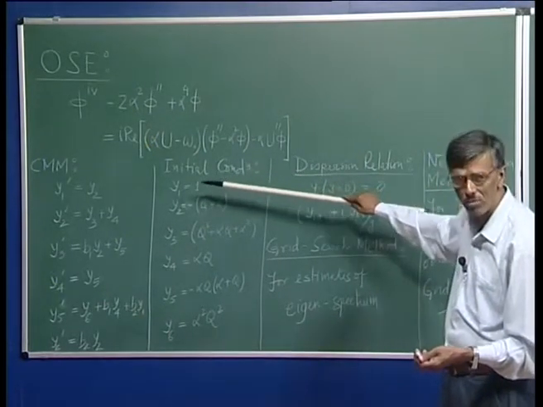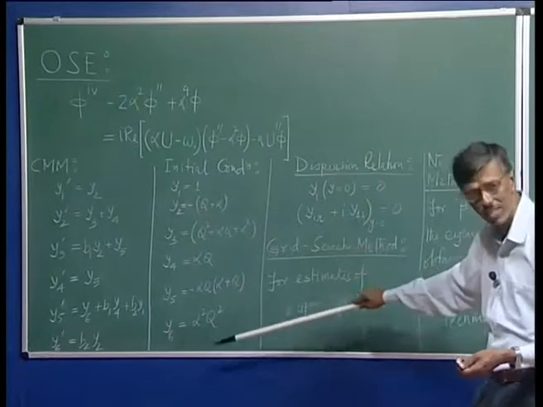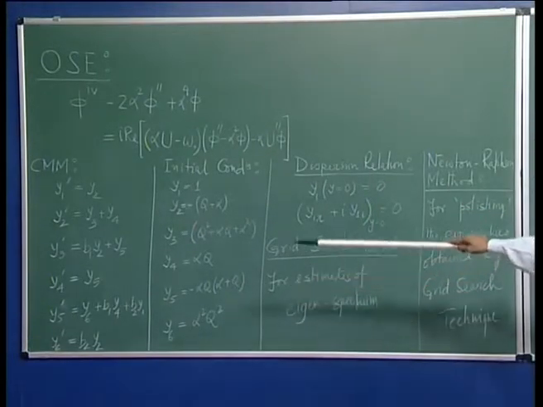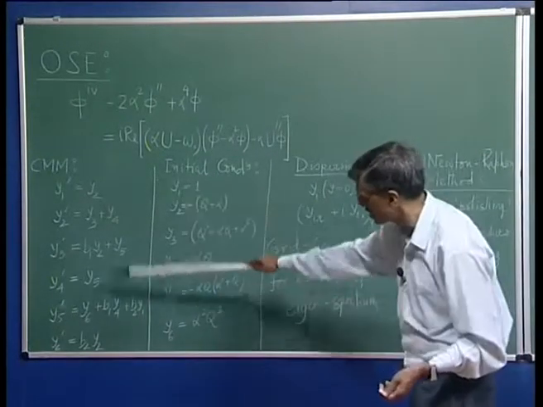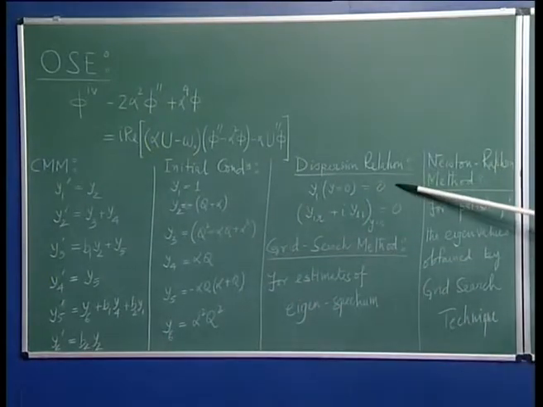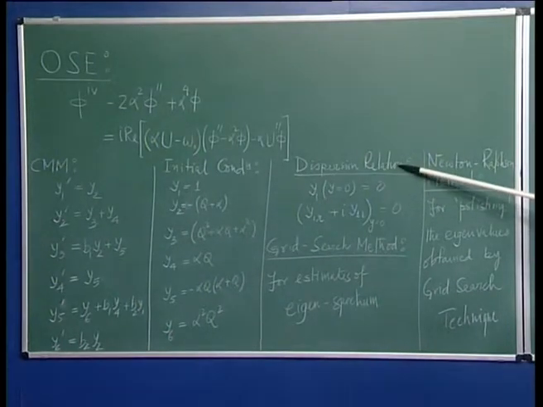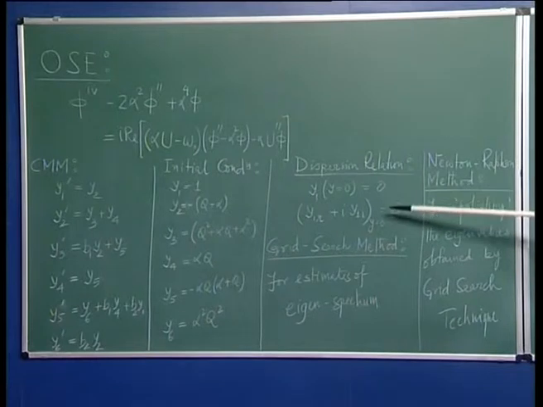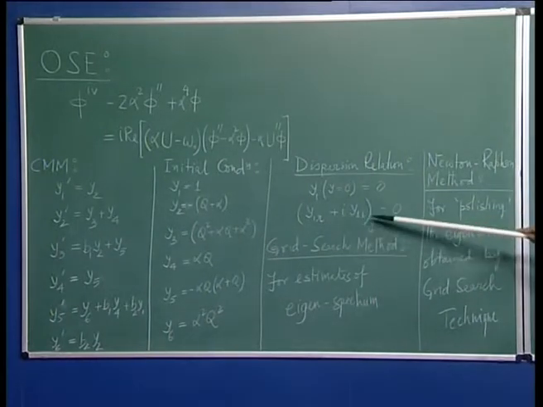We have normalized them with respect to y 1. Then you start solving these 6 equations with this initial condition and come up to the wall and investigate if y 1 is equal to 0 or not. That is what we call the dispersion relation, and it will have a real part and an imaginary part.